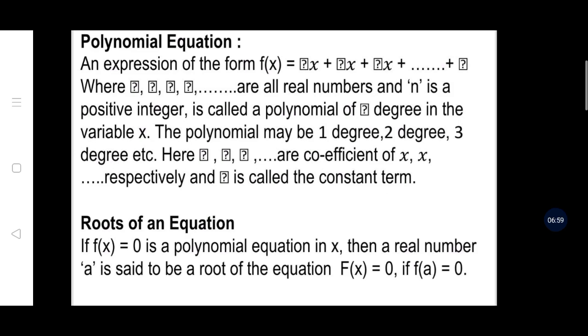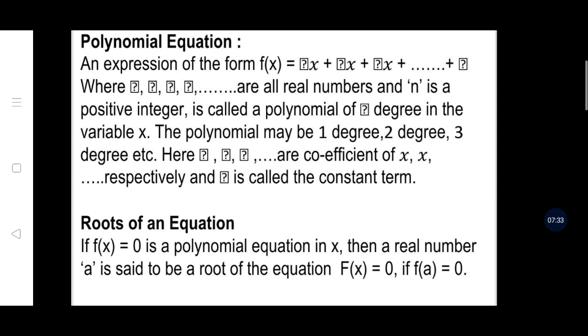Next concept is polynomial equation. An expression of the form f(x) = a0 xⁿ + a1 xⁿ⁻¹ + a2 xⁿ⁻² + ..., where the a's are all real numbers and n is a positive integer, is called a polynomial of degree n in the variable x.